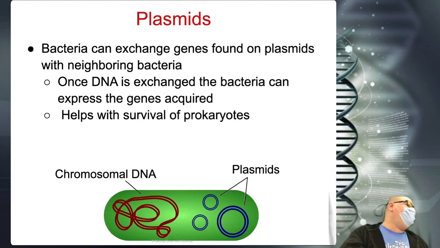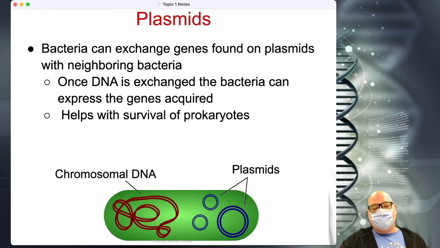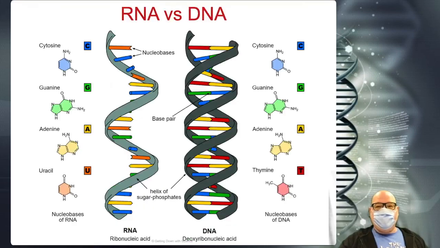One of the other things on the plasmid that we put in the genetically engineered bacteria we're going to make: we are going to put a plasmid inside of our bacteria that makes it resistant to antibiotics. Okay? We'll talk a little bit about that as we go through the course. Was that too fast?